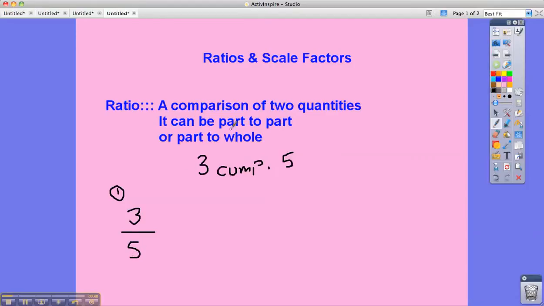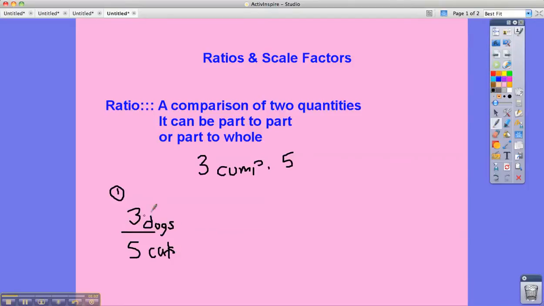The difference is that this can be a part-to-part ratio. So I could be saying for every 3 dogs that live on Hollister, there's 5 cats that live on Hollister. So this is not a part-to-whole ratio. This is the number of dogs compared to the number of cats.